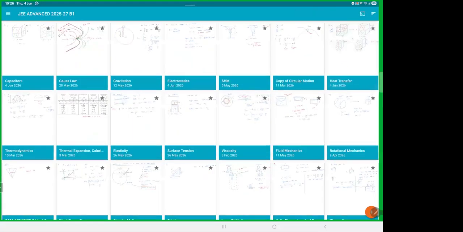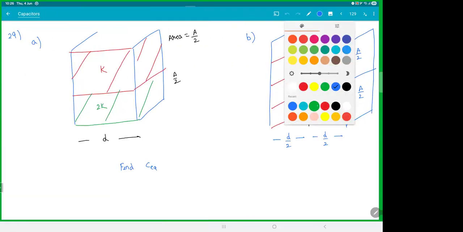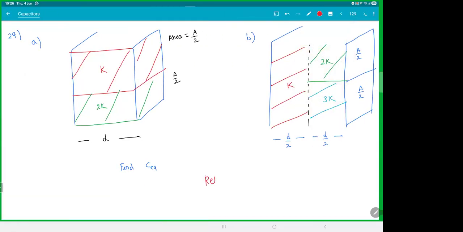Page 21, heat transfer. Yeah, 3 by 2. Right over here. Get the second one also.